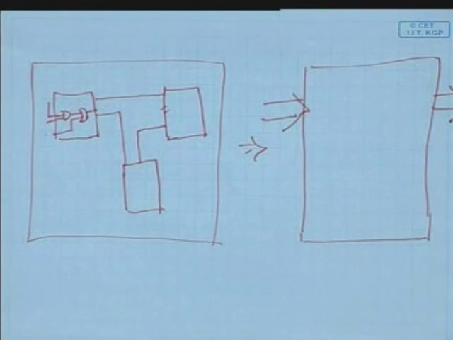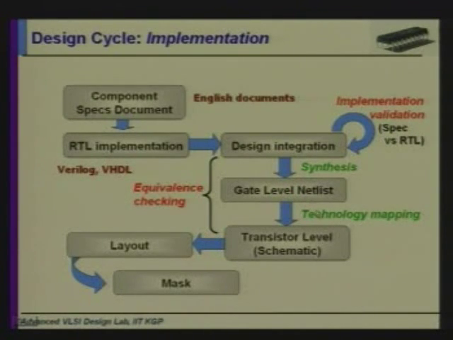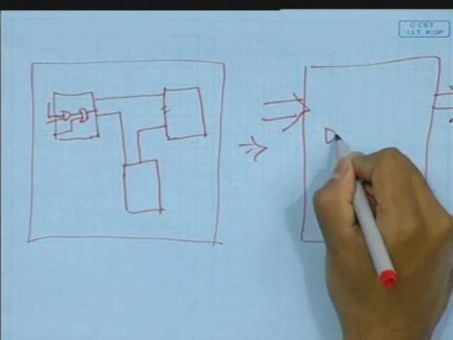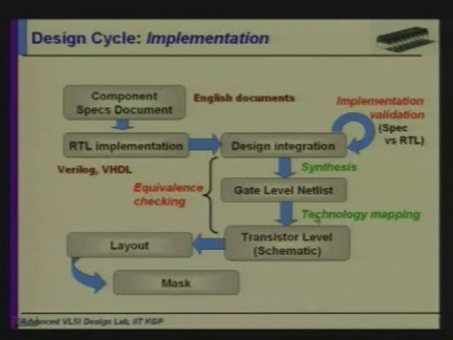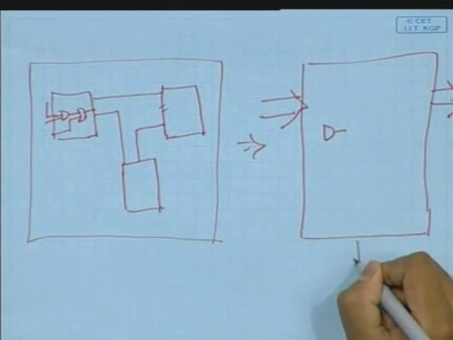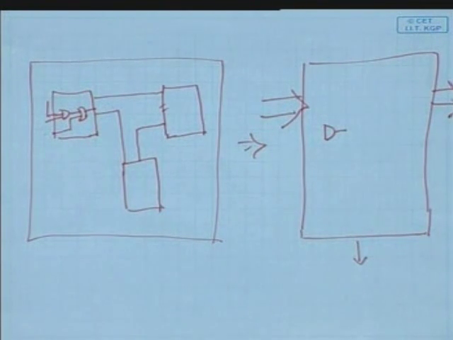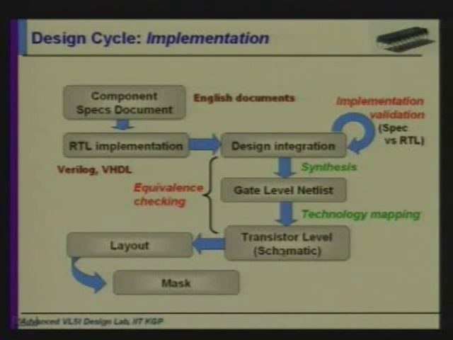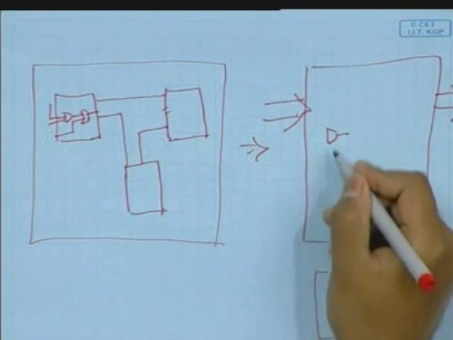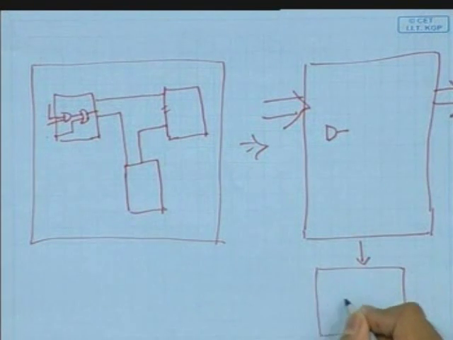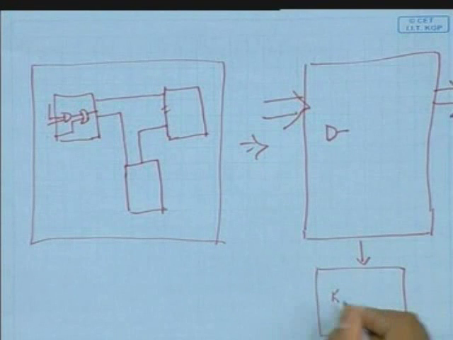Now after creating this gate level netlist, we do the technology mapping. Like suppose we have an AND gate here. Now this AND gate can be implemented using TTL, CMOS or whatever, with some present technology. So from here we create this transistor level implementation. So basically all these gates will be some form of transistors here.